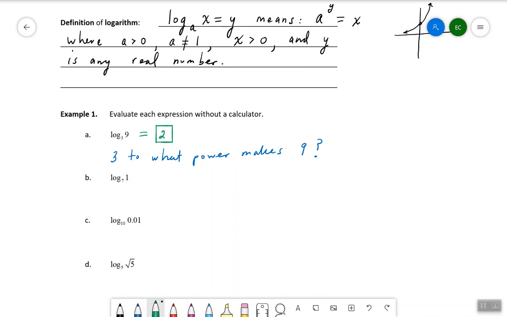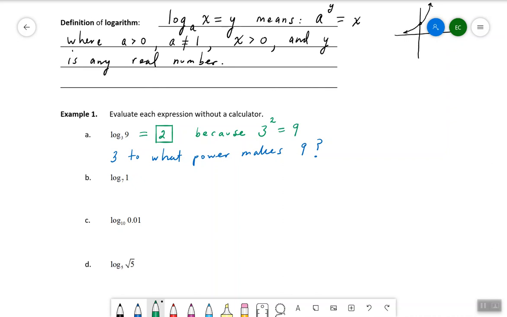And then we could even give a justification for that answer by rewriting the log as an exponential, as we did in the definition. We can do that in each of these examples. The base 3 raised to the second power makes that number 9.